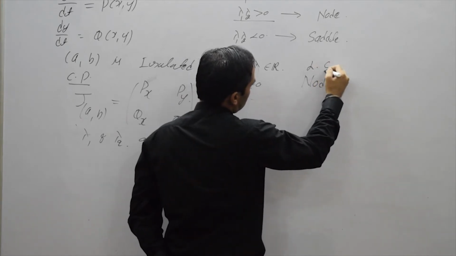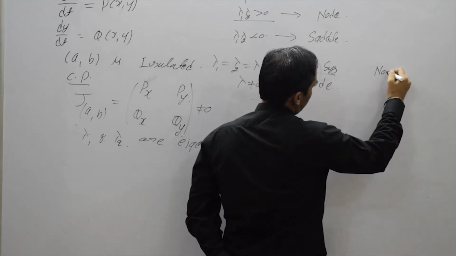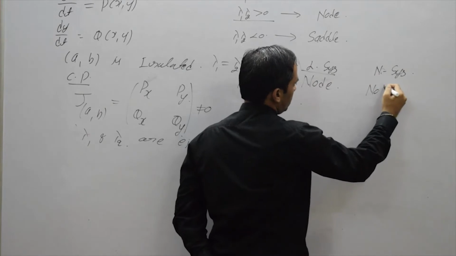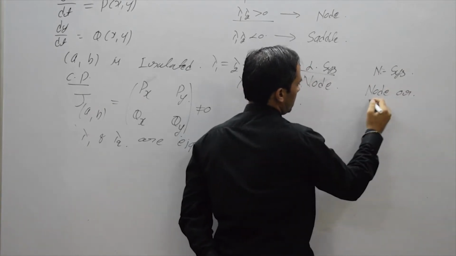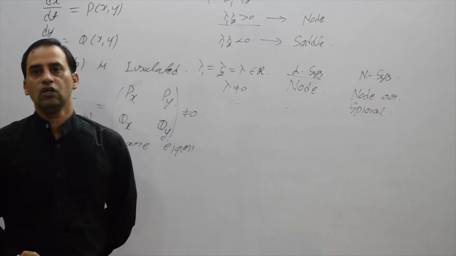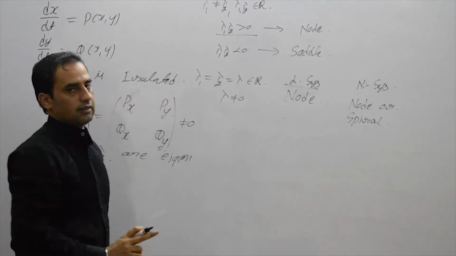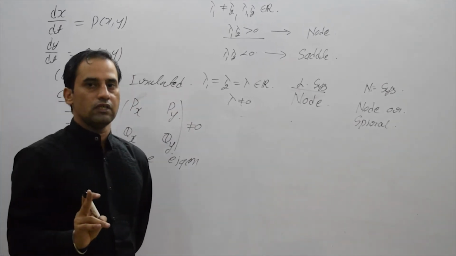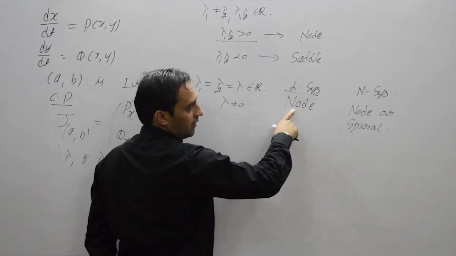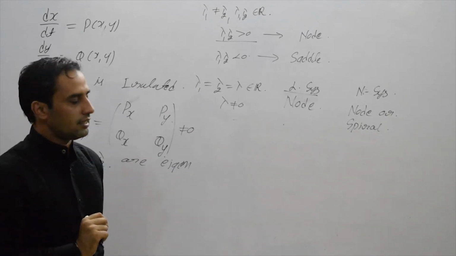This is for the linear system of equations. And for the non-linear system, it is either a node or a spiral. So there is a change between linear and non-linear systems. Whenever your roots are real and repeated, and the critical point is isolated, just remember that for a linear system it must be a node, and for a non-linear system either a node or a spiral.